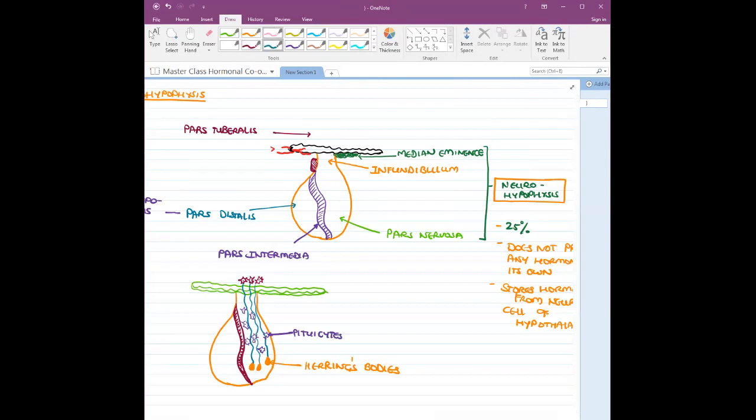The first one, guys, we will go from your median eminence. I told you this is a small, swollen portion on the top. Like this. That is what we need to know. So first thing, we have the median eminence. It is just a swollen portion at the base of the hypothalamus.